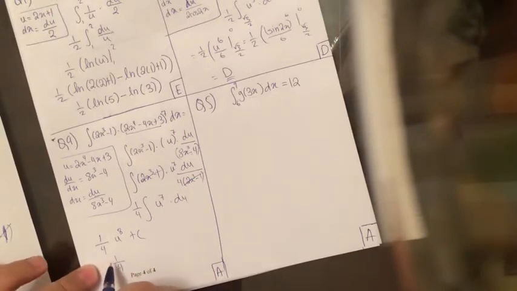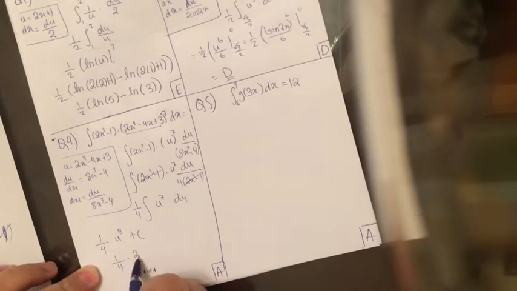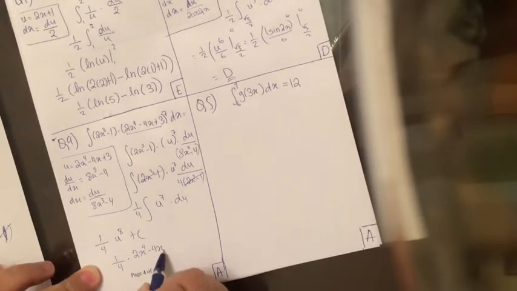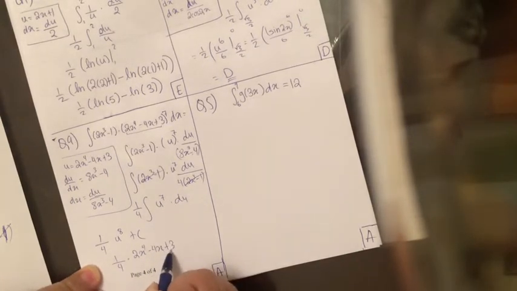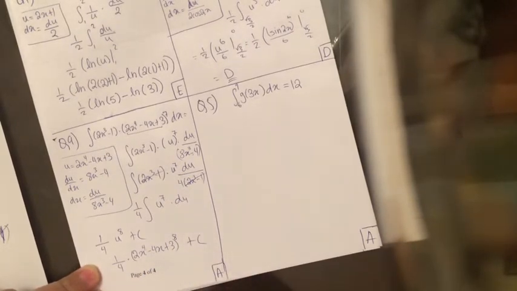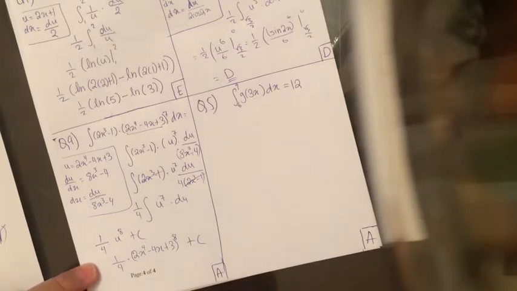Let's make it here now, since it's by 4, so times 2x to the power 4 minus 4x plus 3, all of them to the power 8 plus c, which gives us the answer of part A.